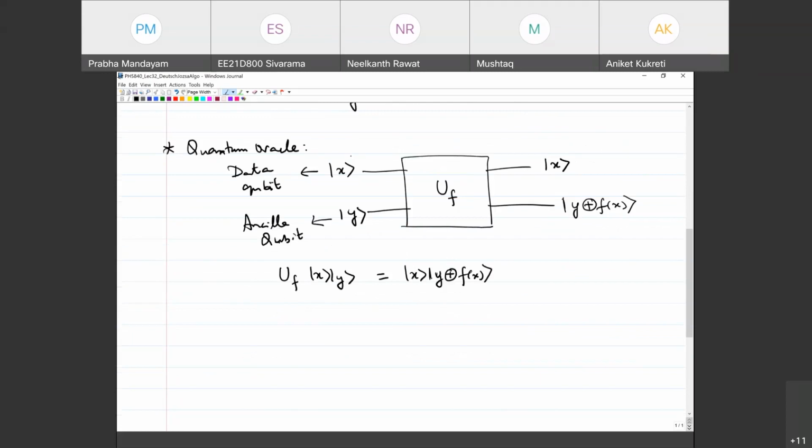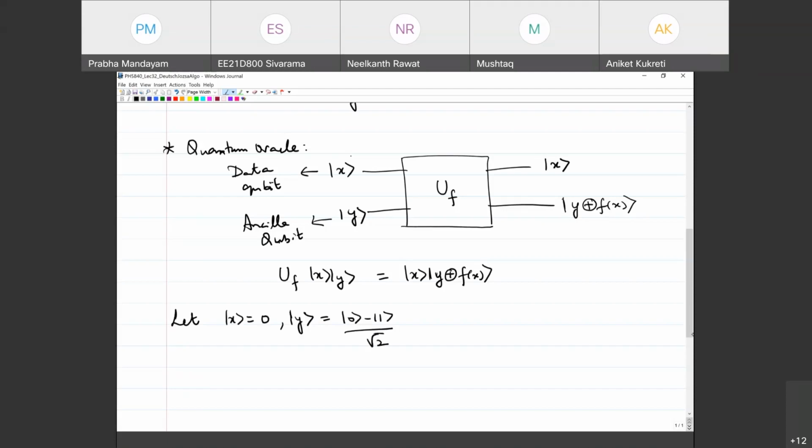Now, by giving different inputs to this, we can try to understand the function of this oracle better. Okay. So what I would like to do is basically to extract out the property of the oracle itself, like what exactly is the oracle doing, right? So let us say that x is 0 and y is the superposition state (|0> - |1>)/root 2, right?